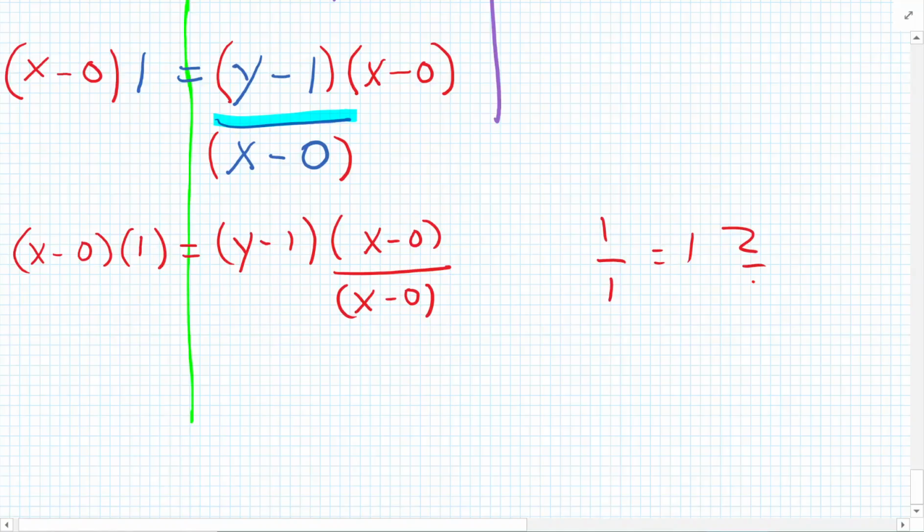Or 2 over 2 equals 2. Or like 3 over 3 equals 3. Okay. Just trying to show that these are two different problems.